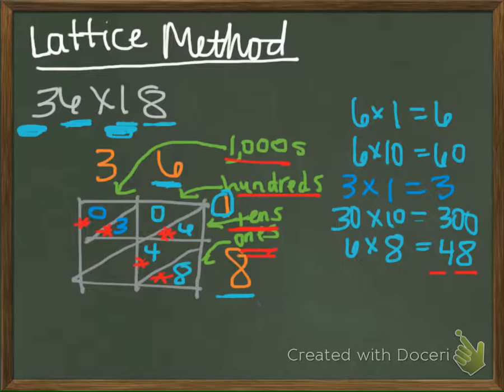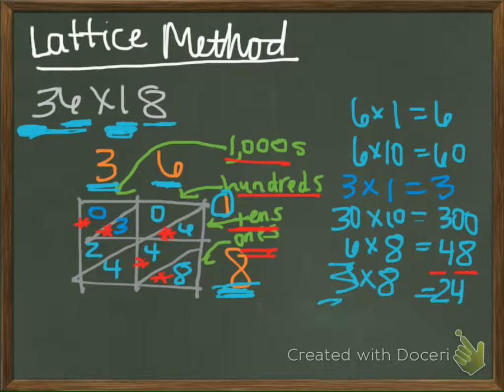Alright, now for the last bit of multiplication, we have 3 times 8, which equals 24. And of course, just like most of the others, we're not really doing 3 times 8. We're doing 30 times 8, so there's the 3 and the 8. 30 times 8 equals 240.